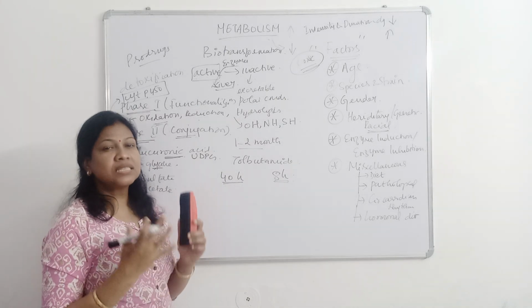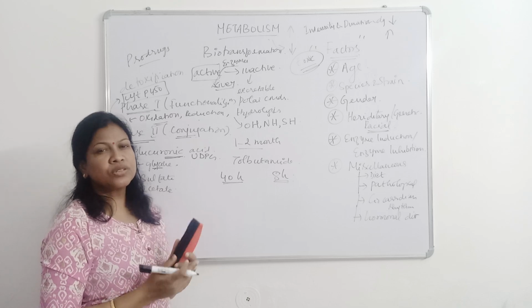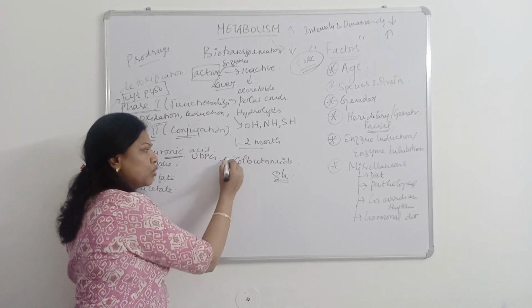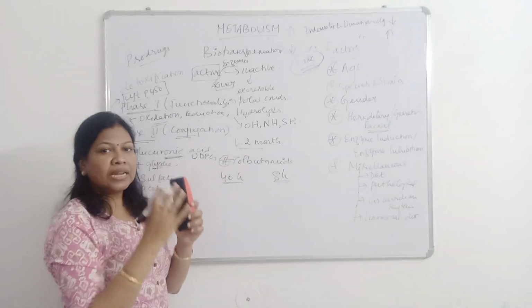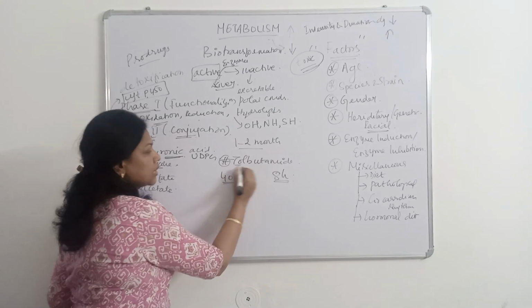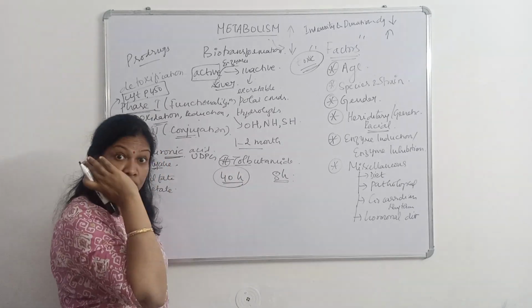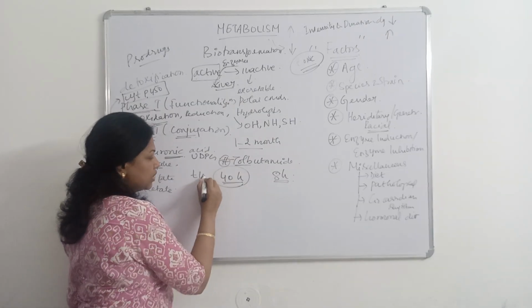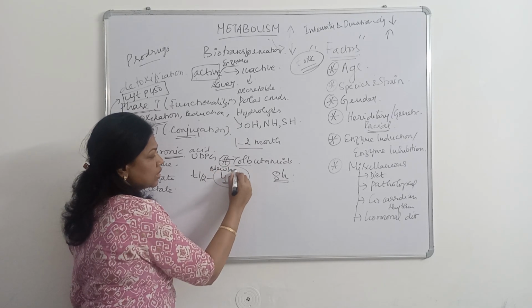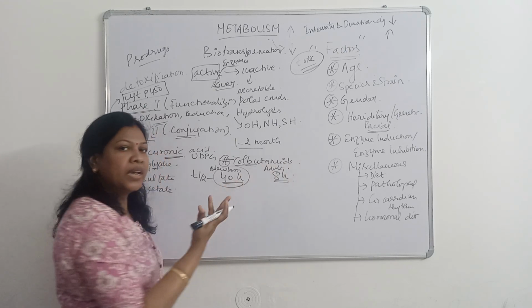Because of the less oxidative enzyme present in the newborn. Because the metabolizing enzyme responsible for metabolizing tolbutamide is less in amount in the body of a newborn, this drug cannot be metabolized and it will remain in the body for about 40 hours. So the half-life of this drug in a newborn is 40 hours, whereas in an adult it is just about 8 hours.